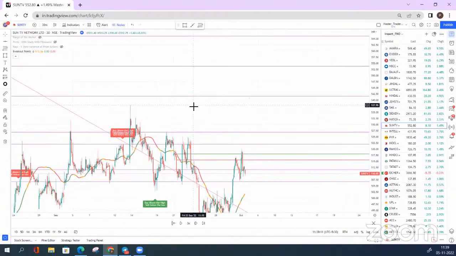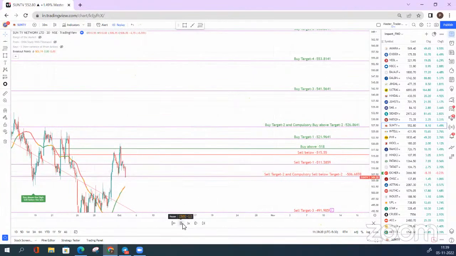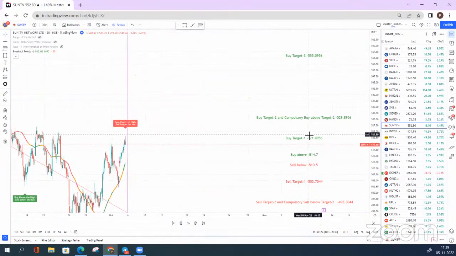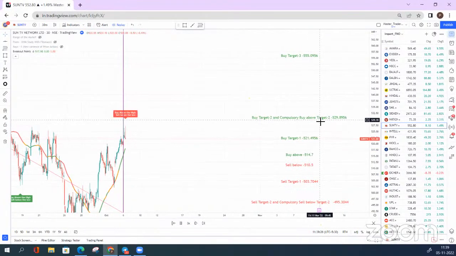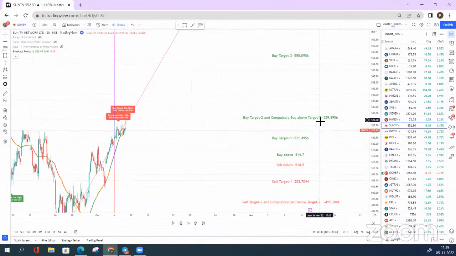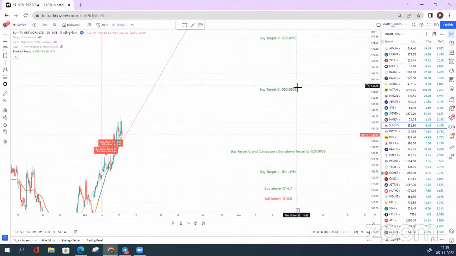See, it gave a buy around this area. This is a buy around 518 and above it's a buy. And after that, 521, 529 is a compulsory buy. Okay, and then it moved above 529. It's all history. After that, 555 is on the trot.